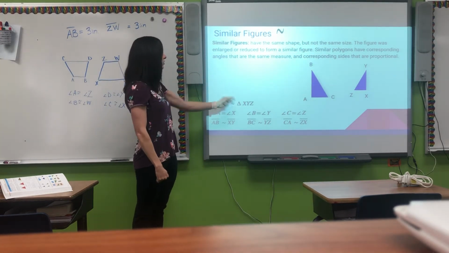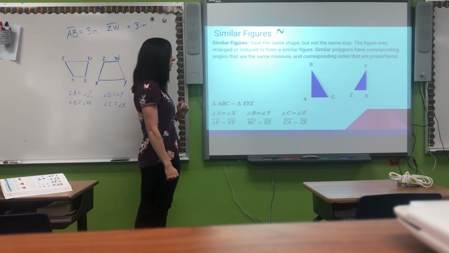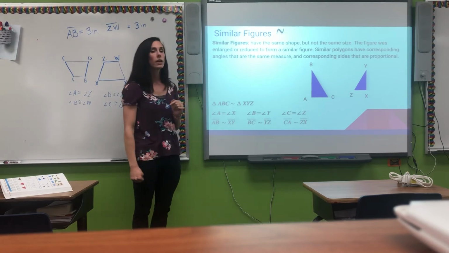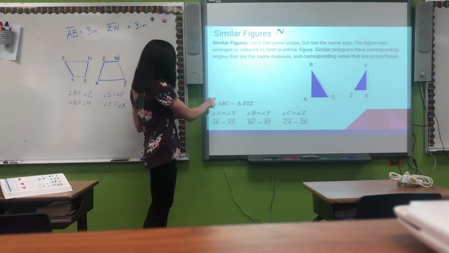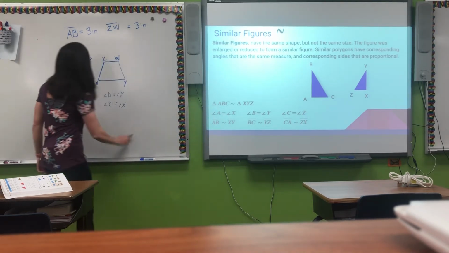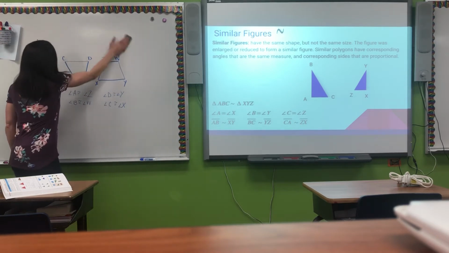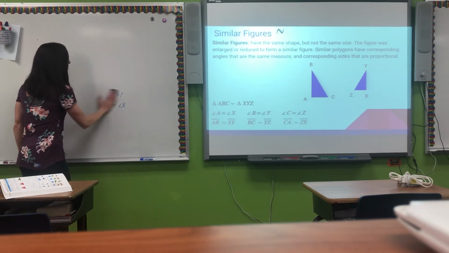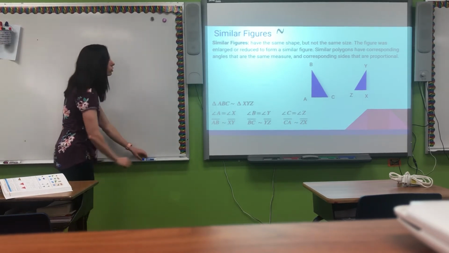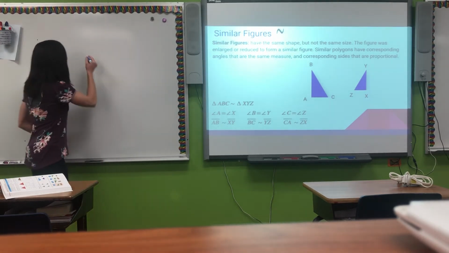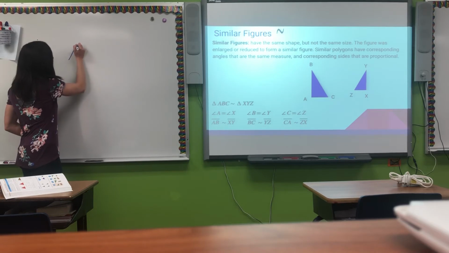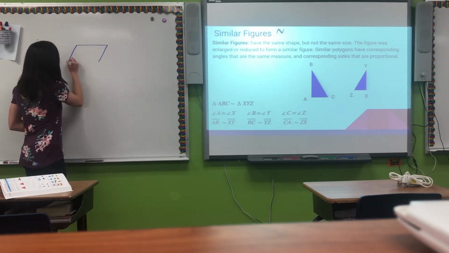Okay, so here's how we would write that these triangles are similar. Now this is important for your homework. When you are writing that a triangle is similar or congruent to another triangle, we're always going to put the triangle sign. If it's a quadrilateral, so knowing how to name these is important.